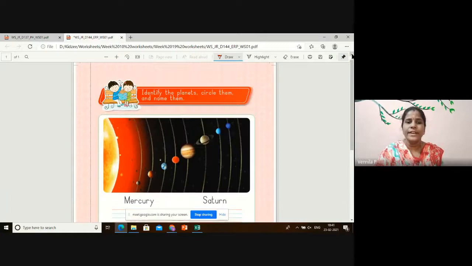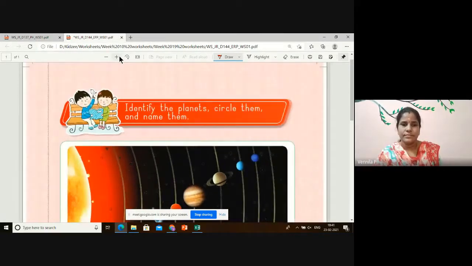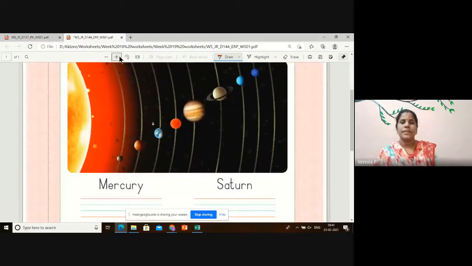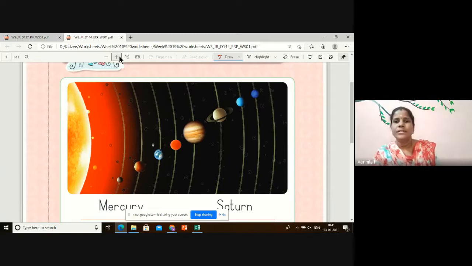First, can you identify the planets here, children? Look at the screen, everyone. Then we can do the worksheet, okay? We have 8 planets totally, right?